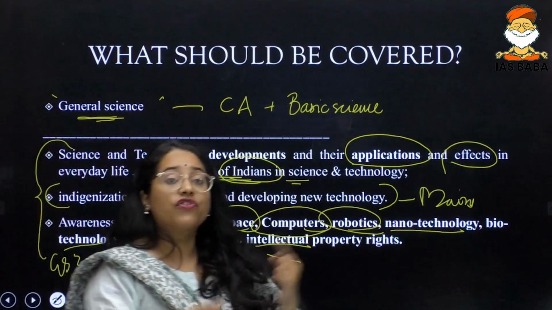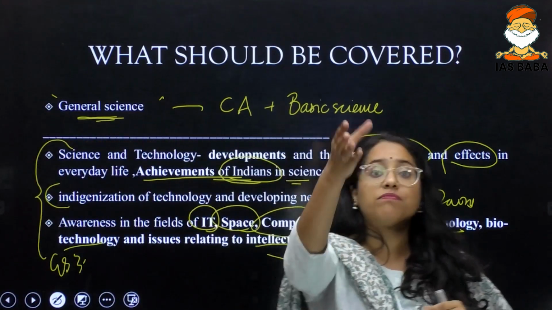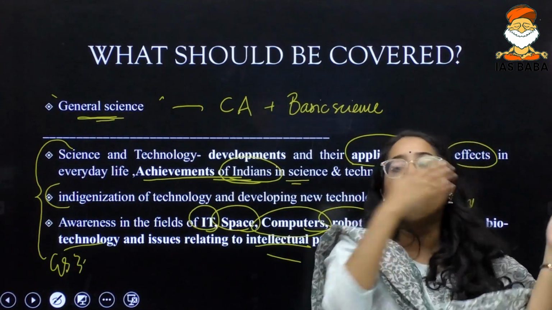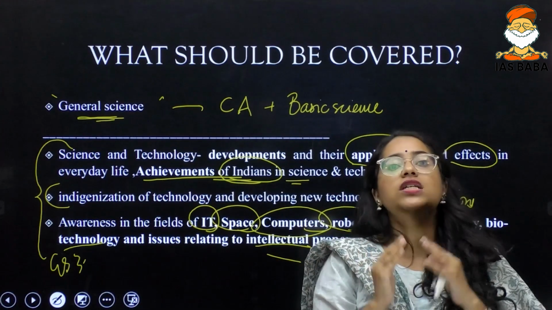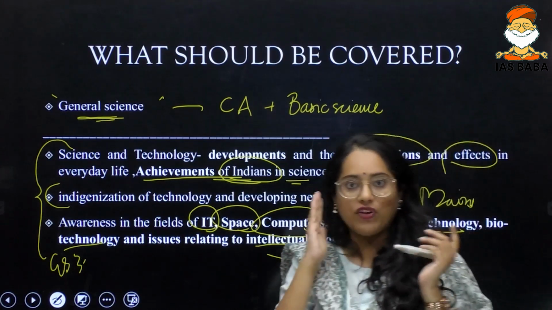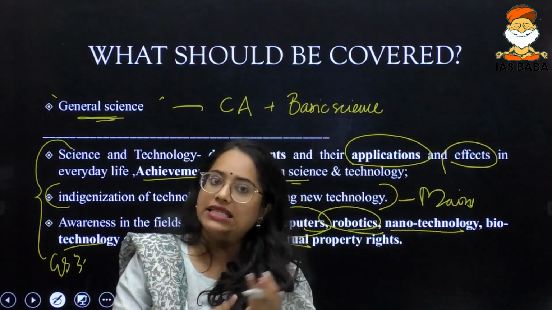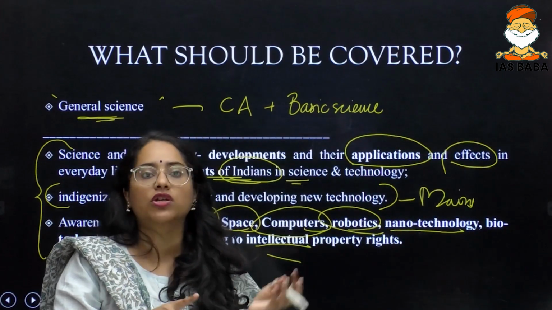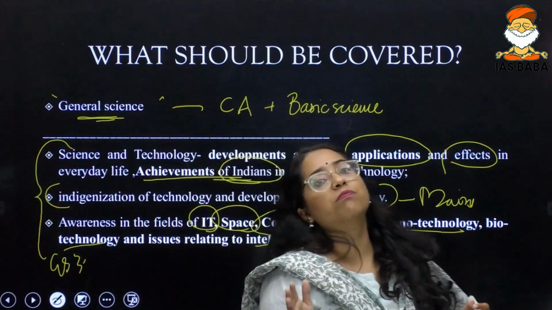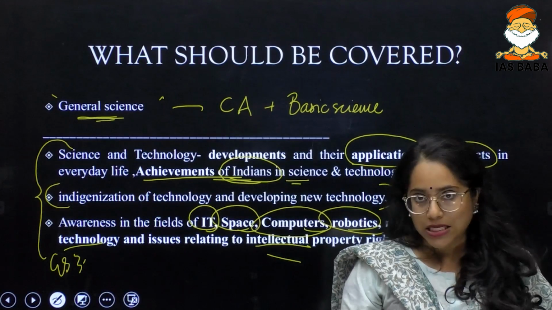Now understand, from your main syllabus, they've given much more clarity than your prelims syllabus. Put both of this together. This is what a UPSC aspirant should be focusing on when it comes to your S&T. So IT, space, computers, robotics, nanotechnology, biotechnology, all of this is important for us from this aspect.